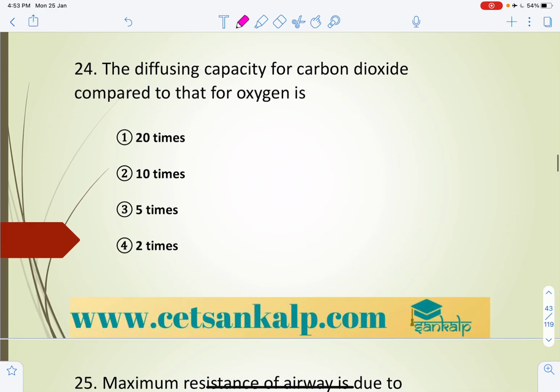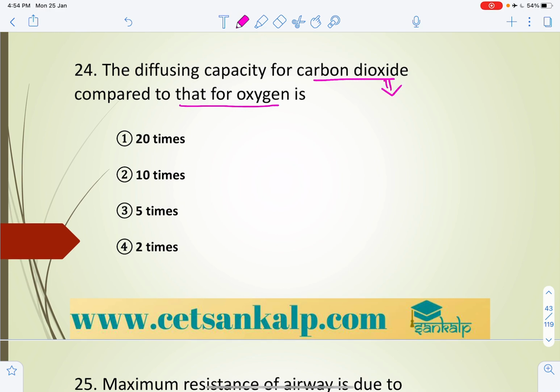Next, the diffusing capacity of carbon dioxide compared to oxygen, meaning how much it will diffuse. The solubility or diffusing capacity of carbon dioxide is 20 to 22 times more than oxygen.